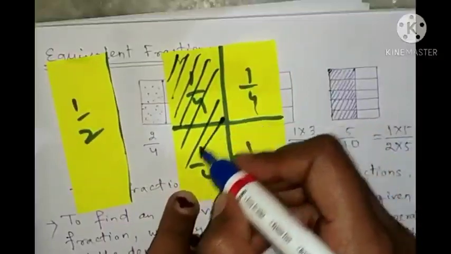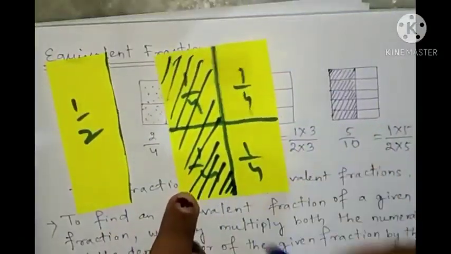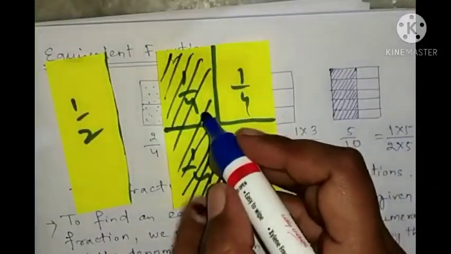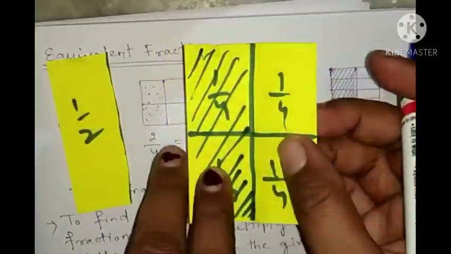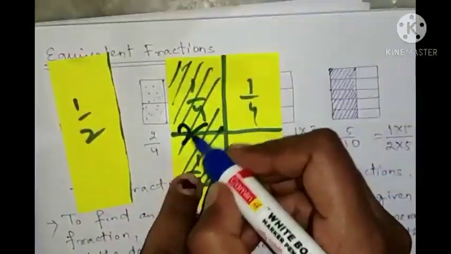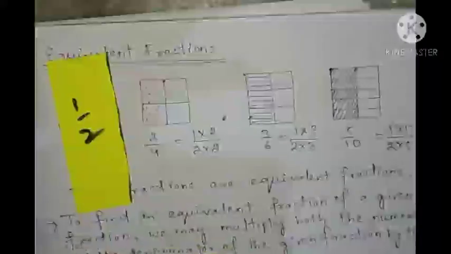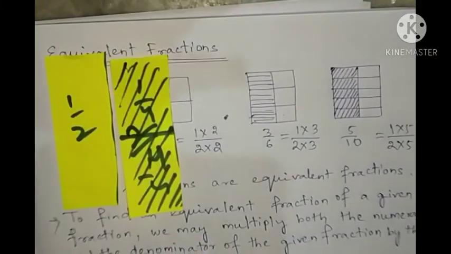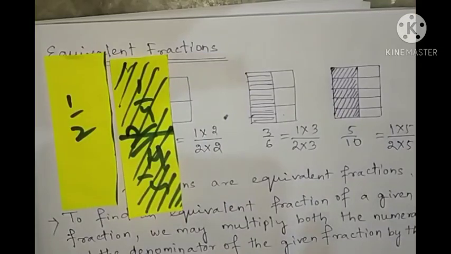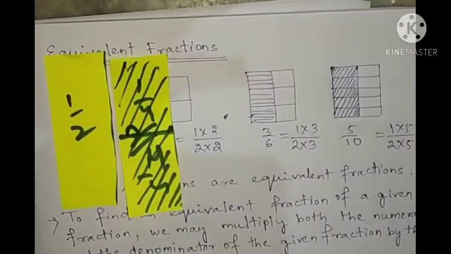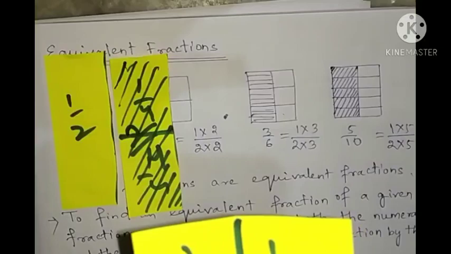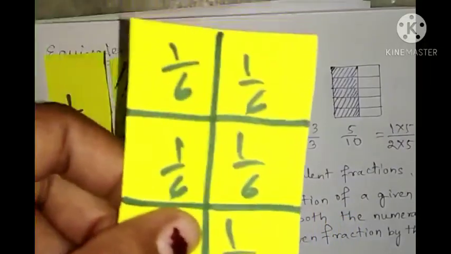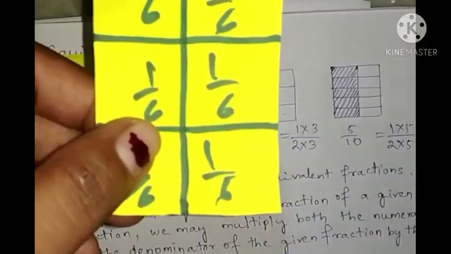If I take 2 parts from 4 parts, what will it be? These 2 parts are known as 2 by 4. So let's say we separate 2 by 4.